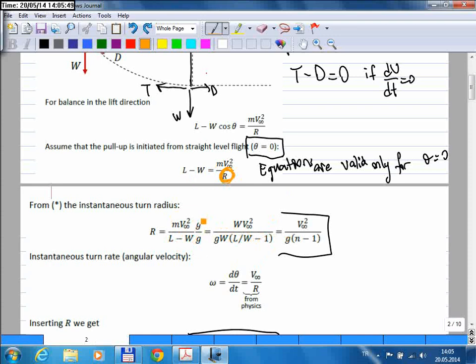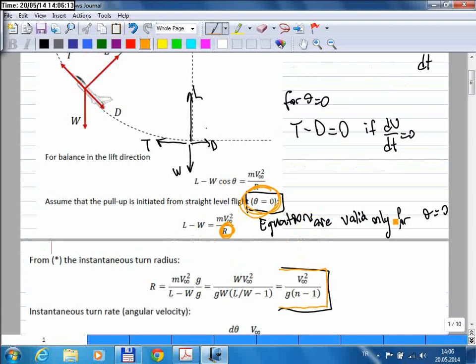Then you introduce a gravity term to both sides of the fraction, and this is what you get. The radius of turn is given by v squared divided by g times n minus 1. Again, let me remind you that this is valid only at the very beginning of the maneuver, only when theta is equal to 0.